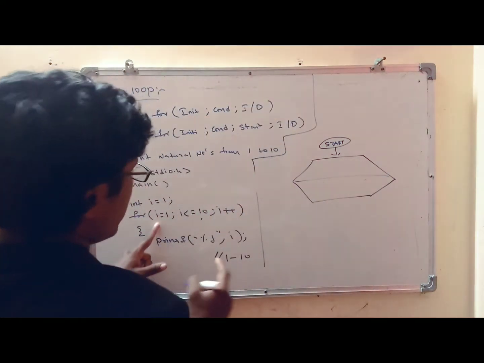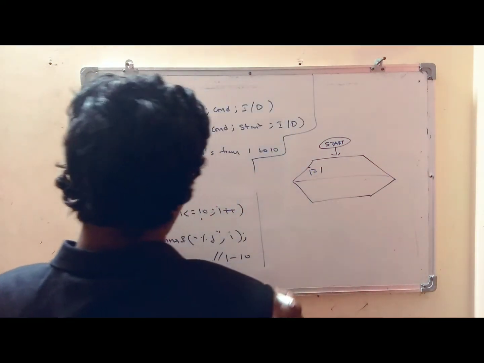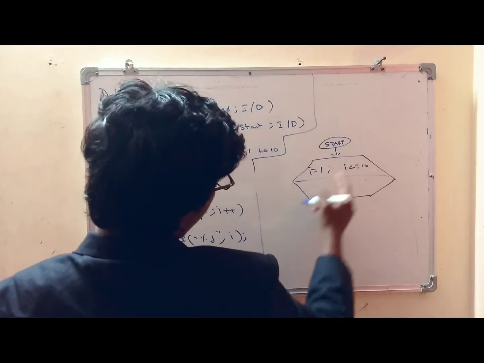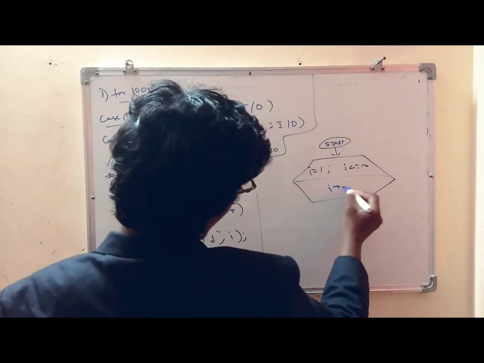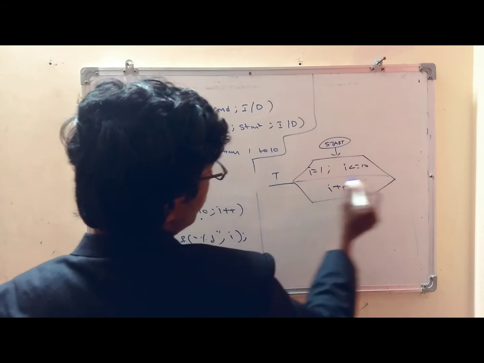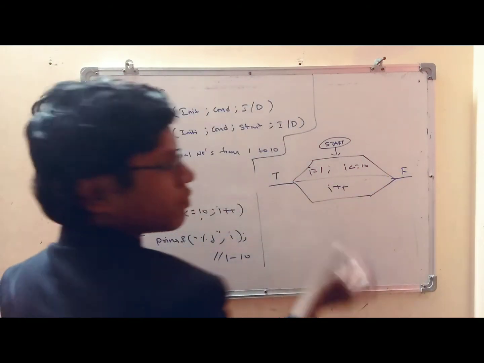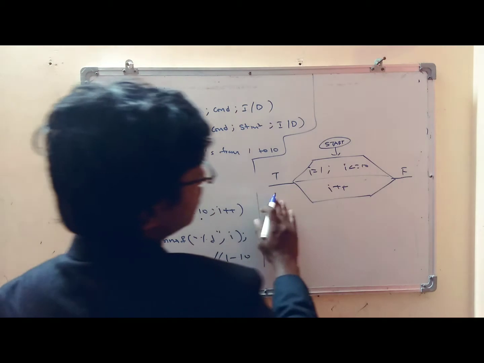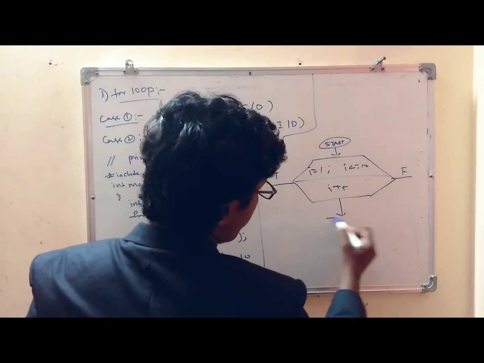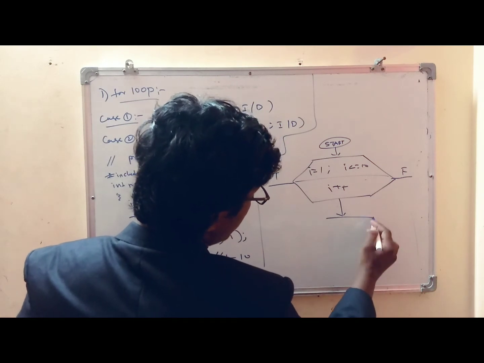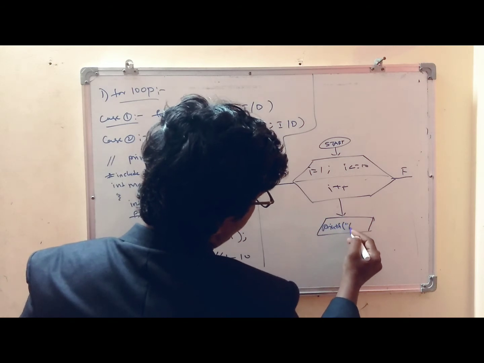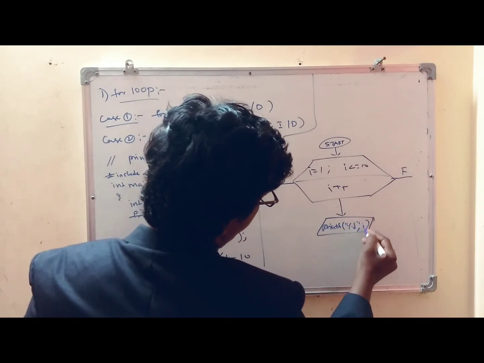So here i equal to 1 is the initialization, and i less than or equal to 10 is the condition, and after that the increment i++. It has true and it has false. We have two conditions, true or false. So after that it will go to print the statement, printf("%d", i).